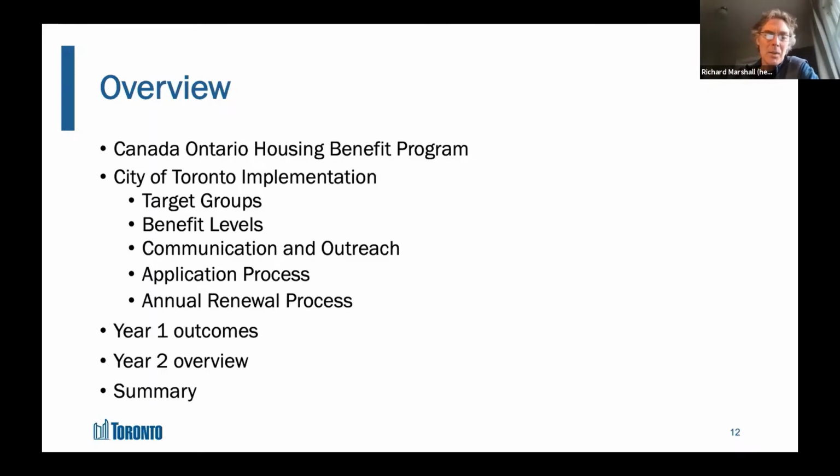I may touch on the annual renewal process, but really it's the same as the one that Catherine just described for housing allowances. I'll speak a little bit about the outcomes from year one, which has already closed, and give you a bit of a picture of what year two looks like. We're now in the second year of the program. And then finally, just by way of summary, a bit of a comparison of the Canada-Ontario Housing Benefit Program with the housing allowance. And then as Catherine and Kriti were saying, we'll have time for questions and answers too.